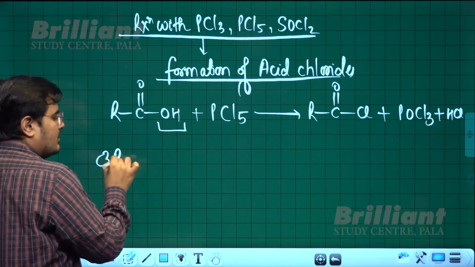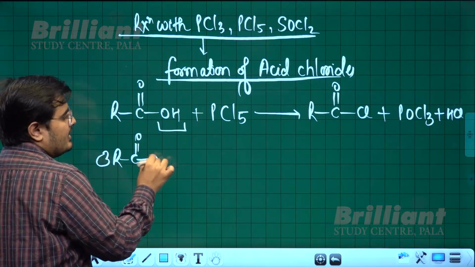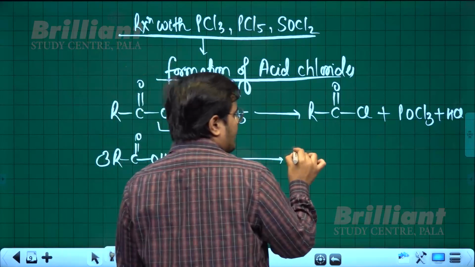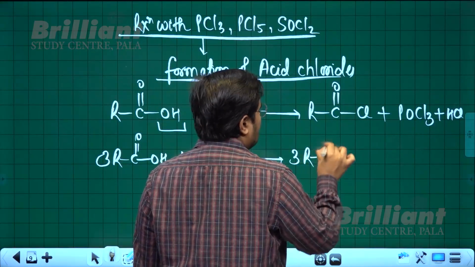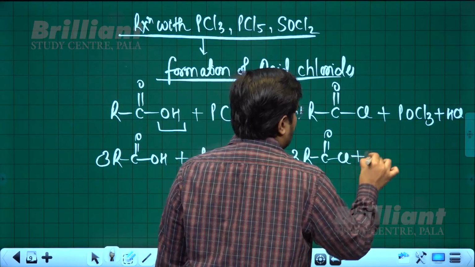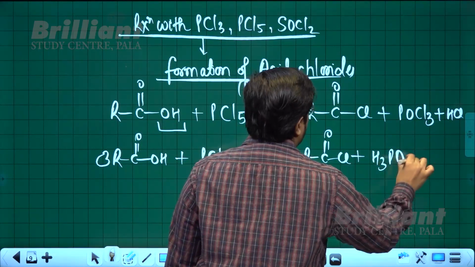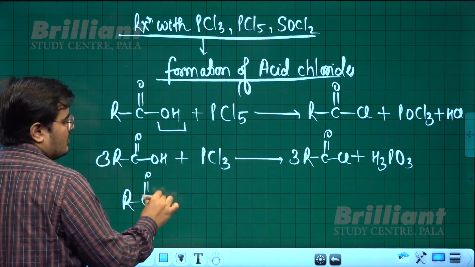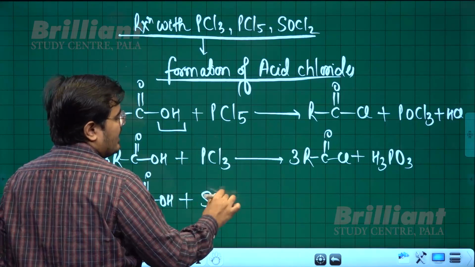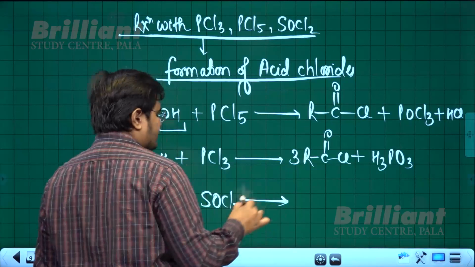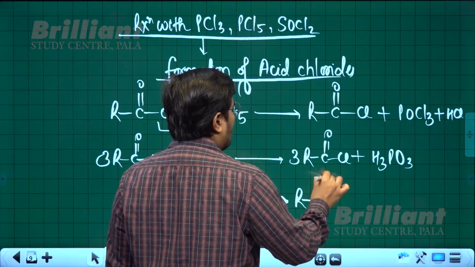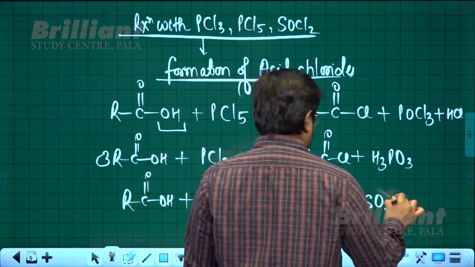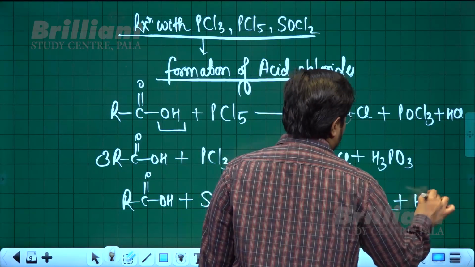Whereas reaction with PCl3 will also give us the same product, where your product will be 3 times RCOCl plus H3PO3, and last will be with thionyl chloride, which will again produce RCOCl plus SO2 plus HCl.